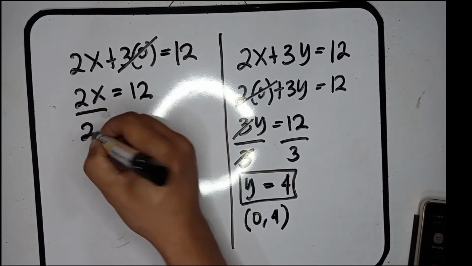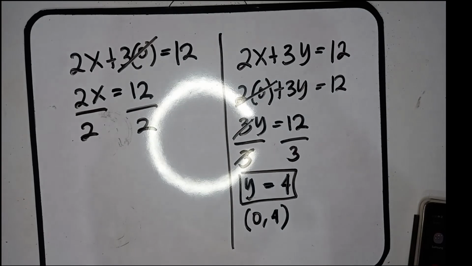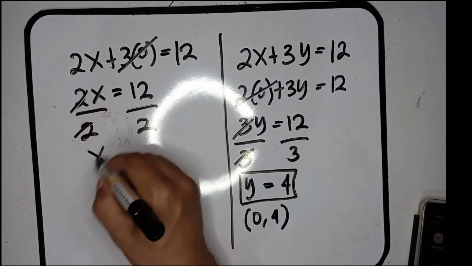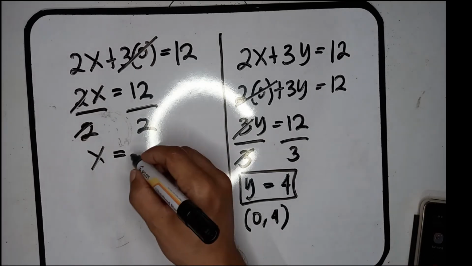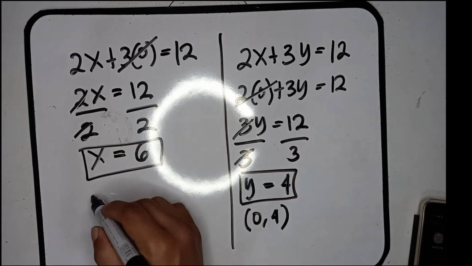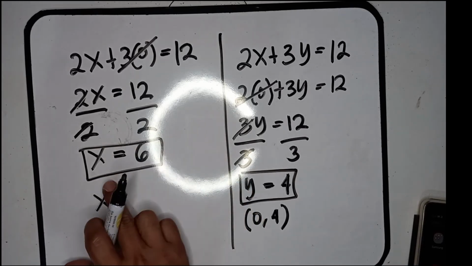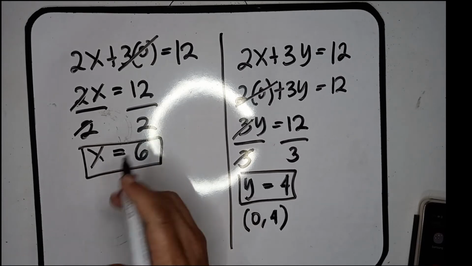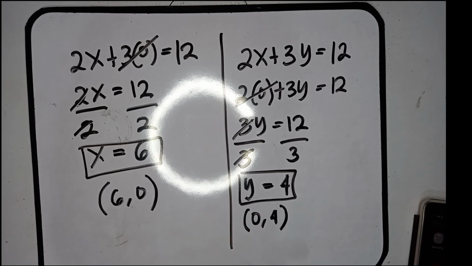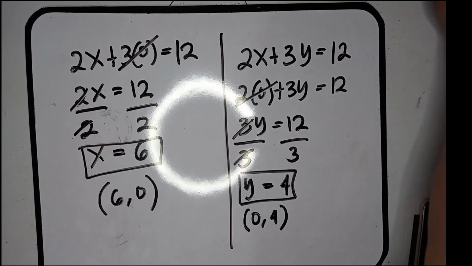Then we can divide this by 2, so dividing 12 by 2, what will remain is x equals 6. So this means that our x is 6 and y is 0. Okay, that's how we solve everything. So let's rewrite this in a cleaner way.